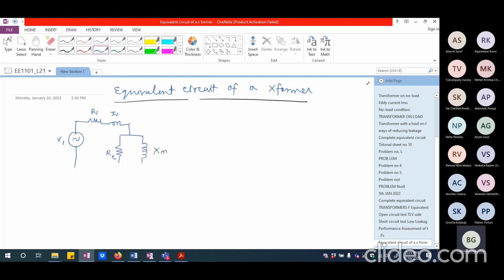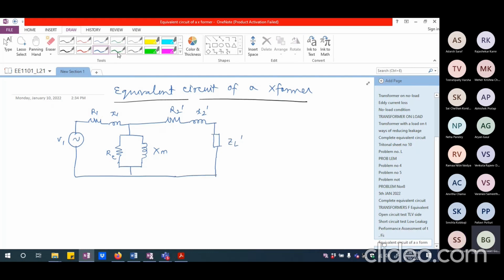And we are looking at R2 dash, which is the secondary side resistance referred to the primary, and X2 dash, again the secondary side leakage reactance referred to the primary, and we are going to have the load connected here. So let me show the load as ZL dash. This current flowing through here is I2.